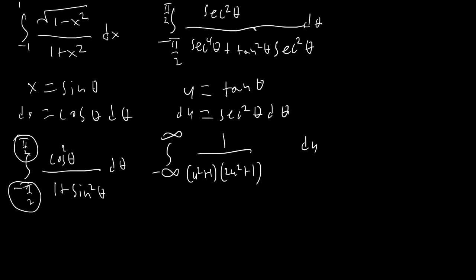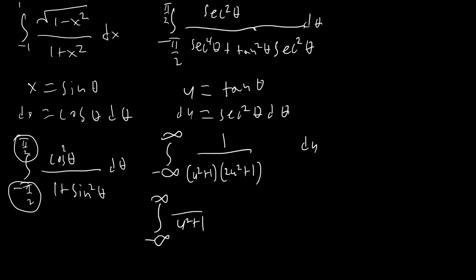Next, we can treat u squared as a quote-unquote variable in this situation to make our partial fractions decomposition even easier. So I'm just going to go ahead and use the cover-up method right here. We're going to have over u squared plus 1. We'll set u squared equal to negative 1. And then when we plug in 1 over 2u squared plus 1, we're going to end up with just negative 1.